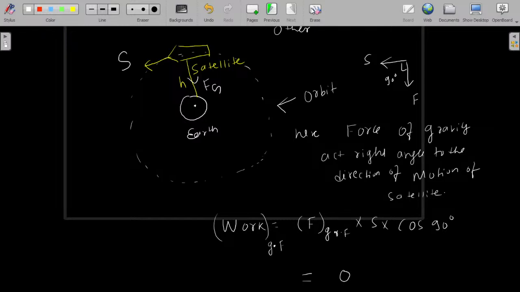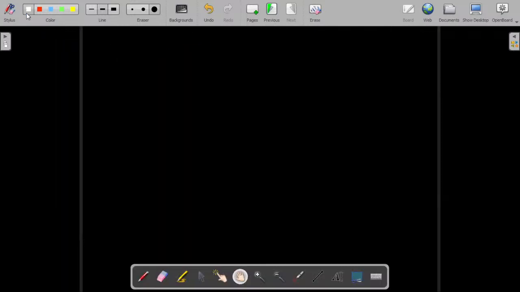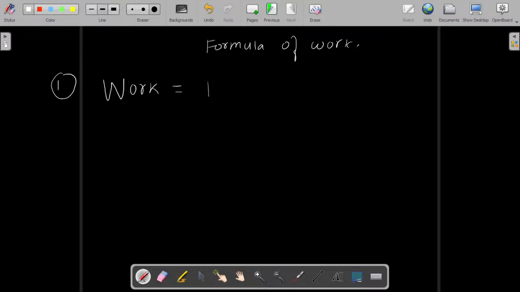So at last you write down all the formulas of work. First formula you write down, work is equal to m into g into h. Now according to the question you have to use the formula. If mass is given, g is given, then h is given, that is displacement, then you have to use this formula.